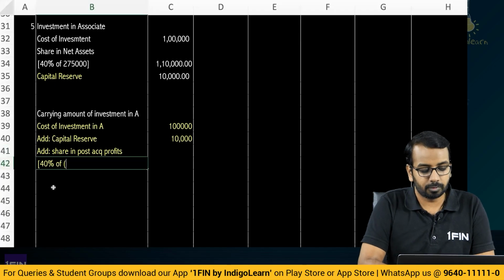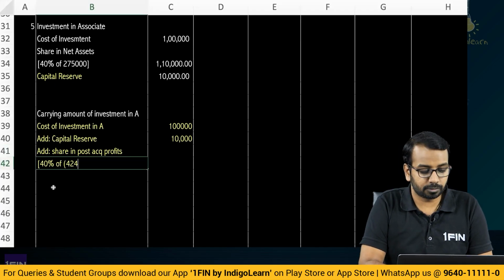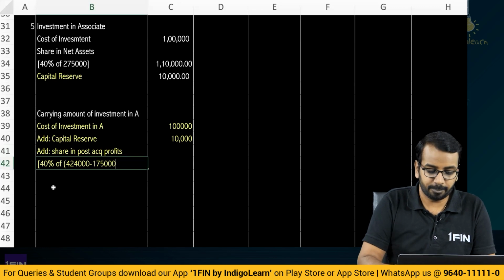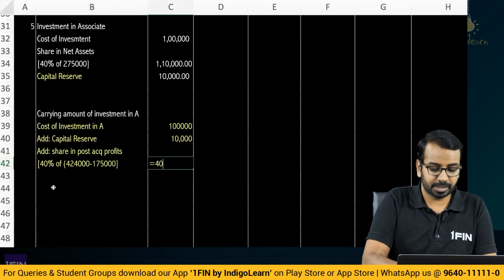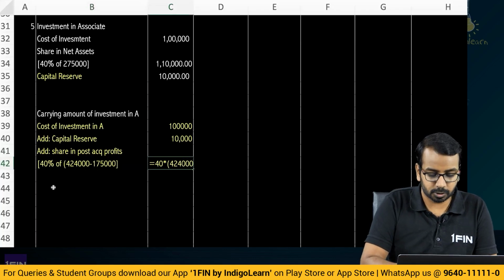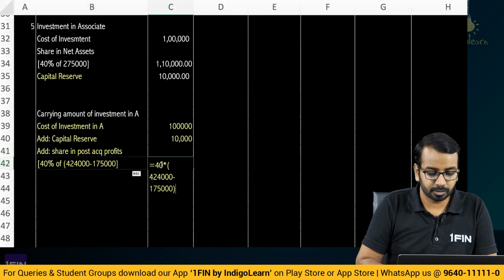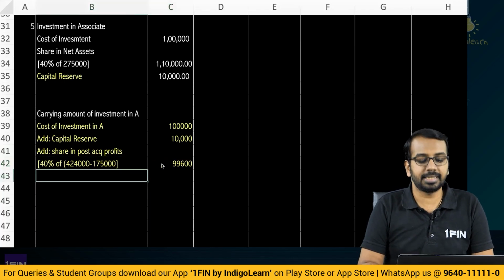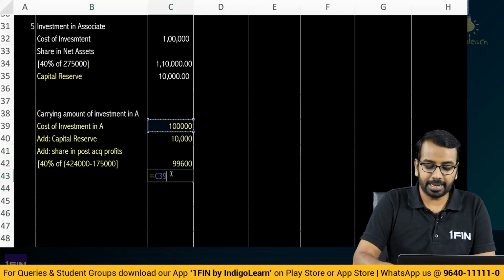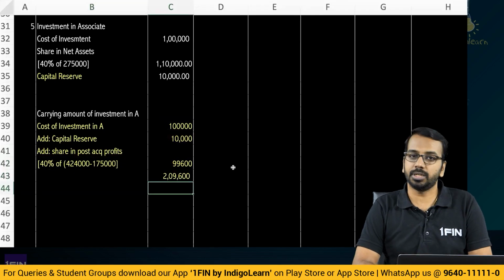So, or you can say 40% of 424,123 minus 175,123, that is 99,600. Okay. So, the total comes to 1 lakh plus 10,000 plus 99,600, which is 2,09,600.